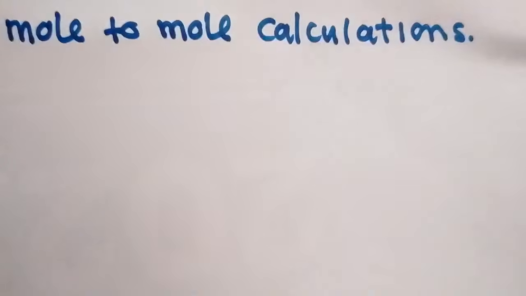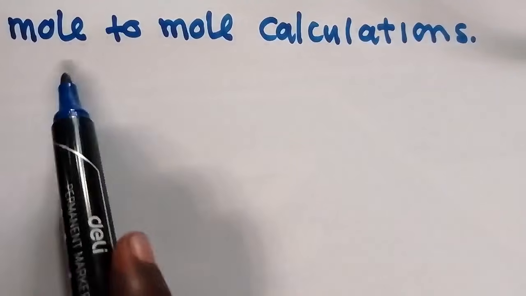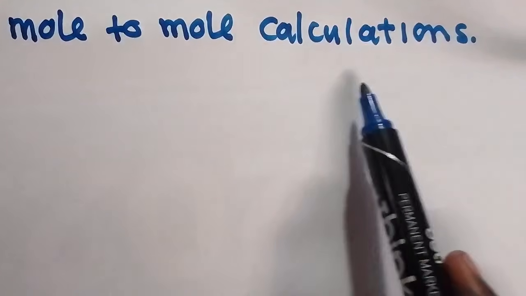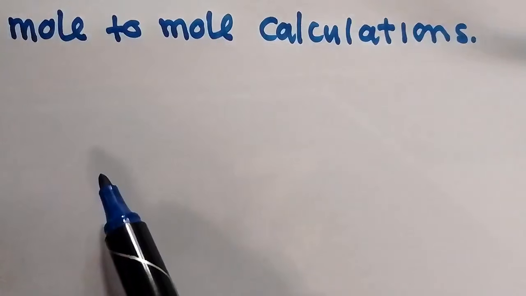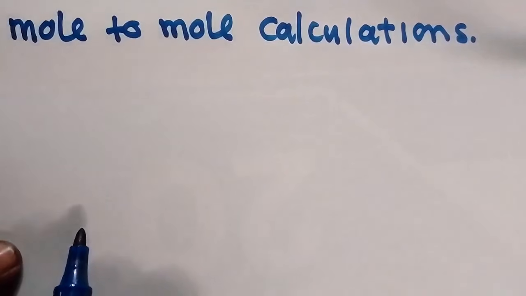How can you go about mole to mole calculations? This is very important. This is where you compare the moles on this side and the moles on the other side using a balanced chemical equation. So make sure you understand this point.